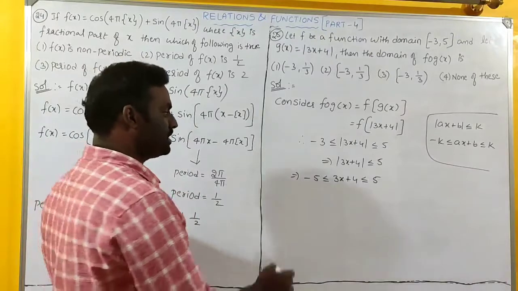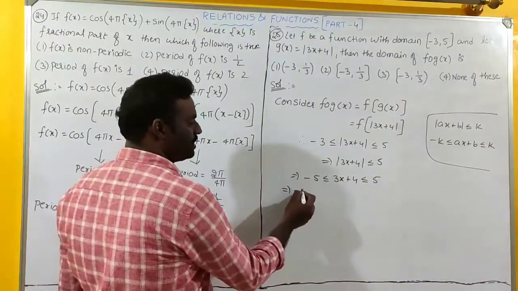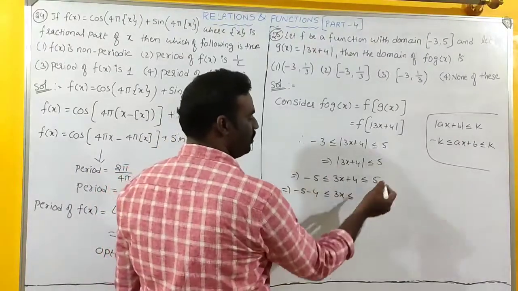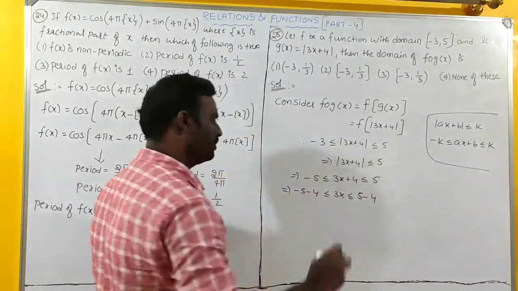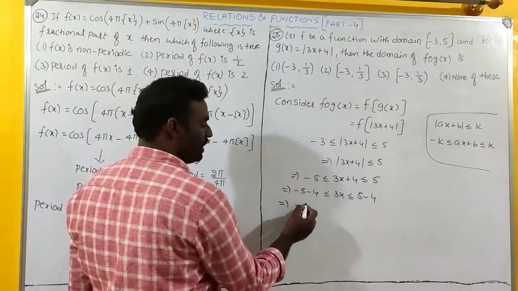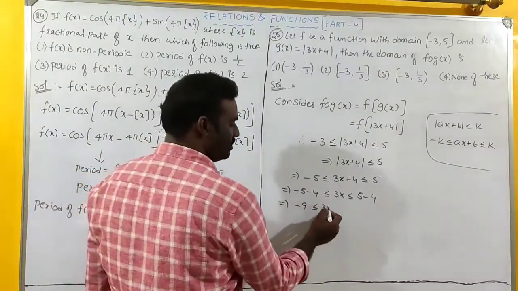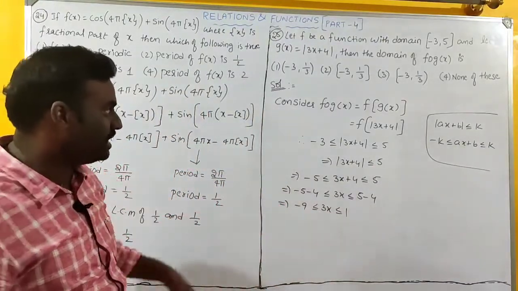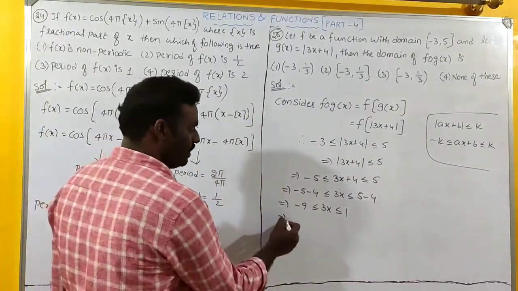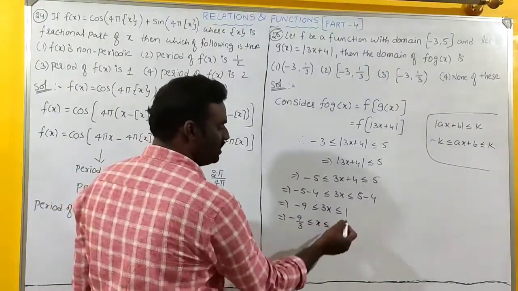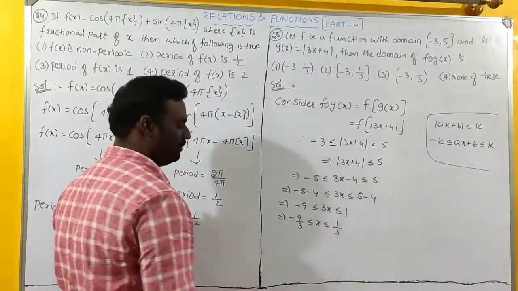If you send 4 this side, minus 5 minus 4 less than or equal to 3x. If you send 4 that side, 5 minus 4. Now minus 5 minus 4 means minus 9 less than or equal to 3x less than or equal to 1. If you send 3 this side, we get minus 9 by 3 less than or equal to x less than or equal to 1 by 3.